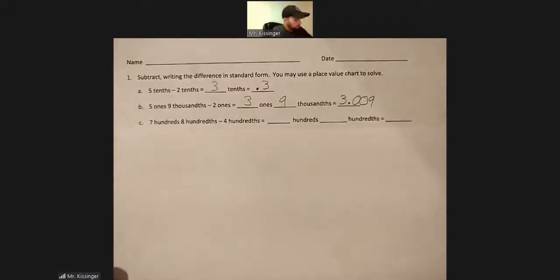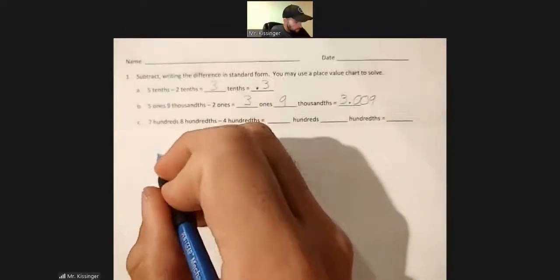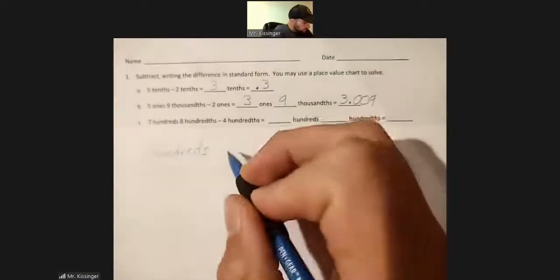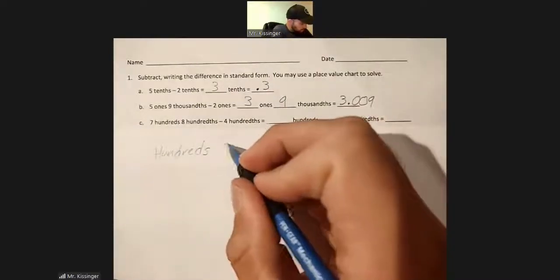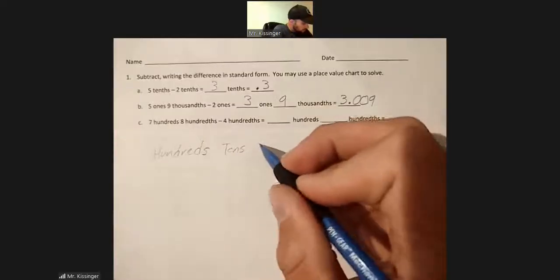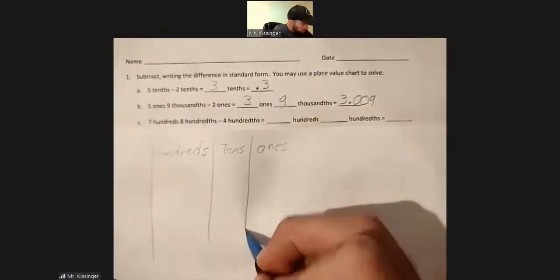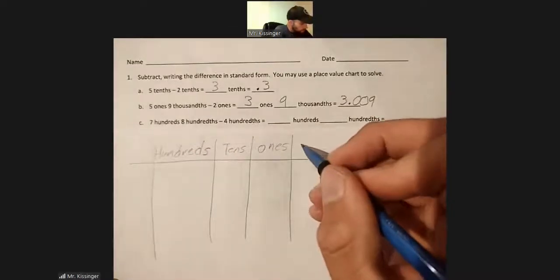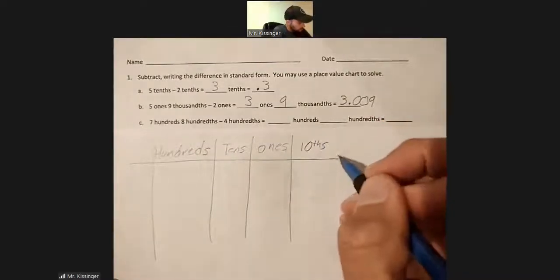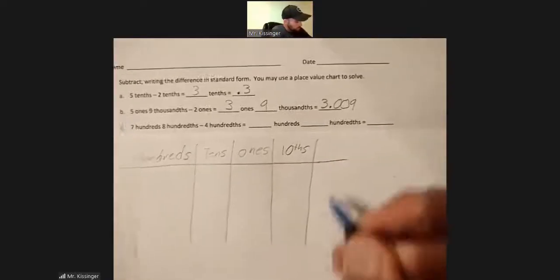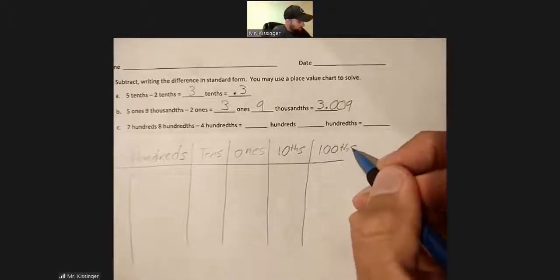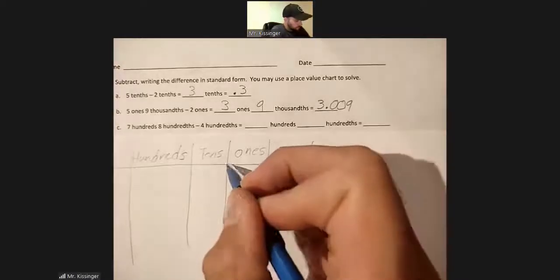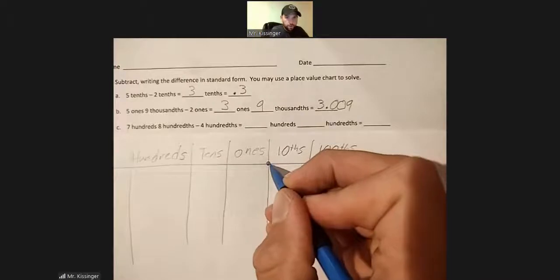So we have our hundreds, our tens, and ones, and then our tenths and our hundredths. And right in between our ones and our tenths, we have our decimal point.